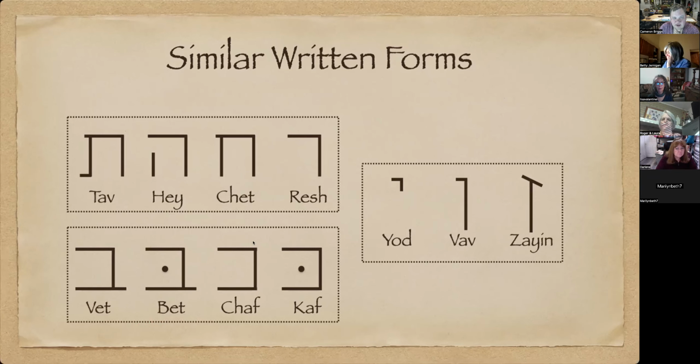They're just that backward C. And then with vav and yod, it's all about the difference in height of the vertical line. Yod is just that tiny little square, like a mini resh, but vav takes that and goes all the way down. Zayin is the fancy one. It has a little tipped top hat.